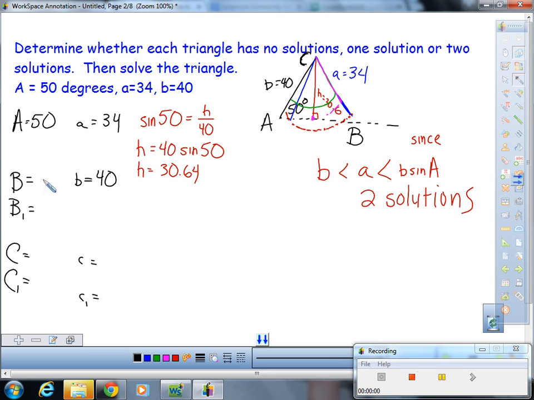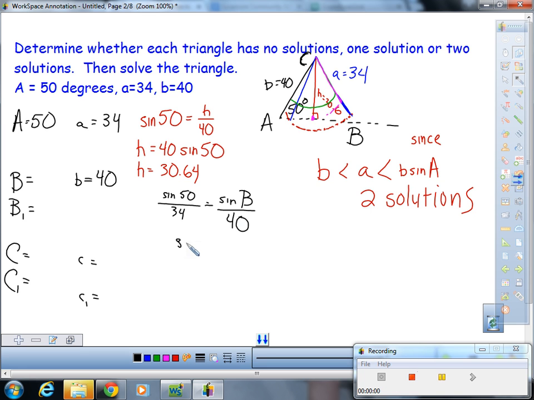Excellent. So sine of 50 is to 34, like sine of capital B is to 40. Okay? Now, when you cross multiply and divide here, you're not done yet, so be careful.